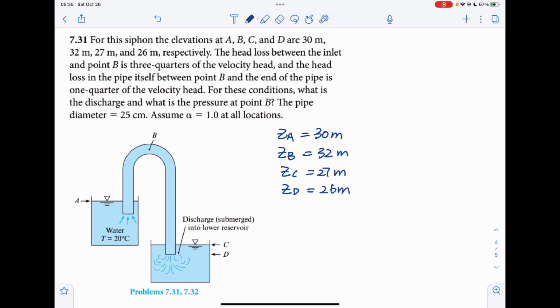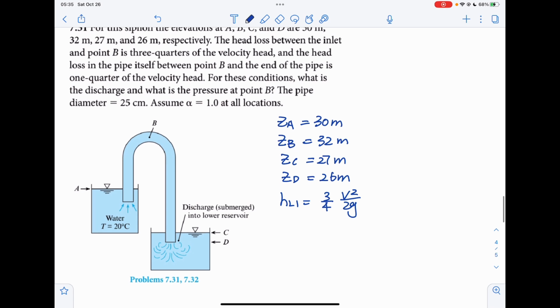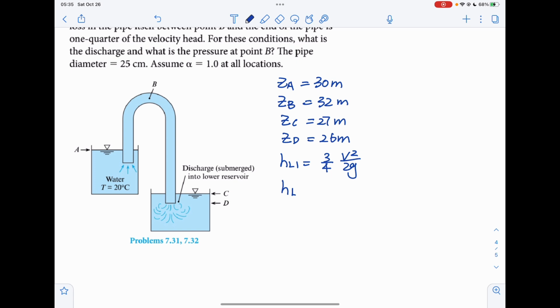The head loss between the inlet and point B, which we call head loss 1, is 3/4 of the velocity head. And the head loss in the pipe itself between point B and the end of the pipe, head loss 2, is 1/4 of the velocity head. Okay, so for those conditions, what is the discharge and what is the pressure at point B?